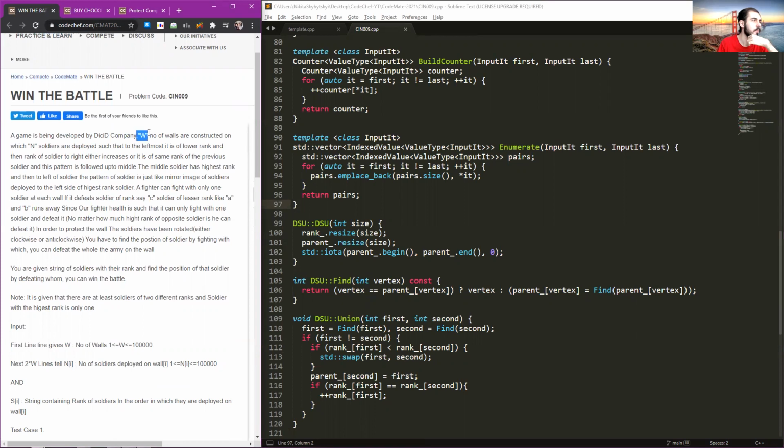We have some number of walls, some soldiers, to the leftmost piece of lower rank and then. Okay, so soldiers go, leftmost is non-descending. Middle soldier. Ah, up to middle. Okay, so we have a mountain array. Good.